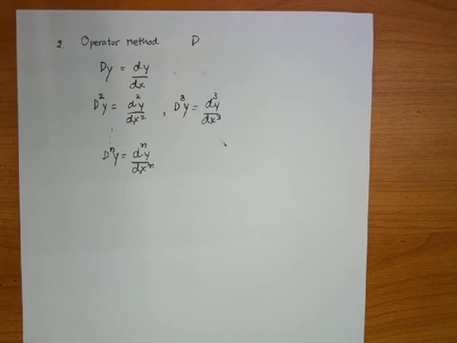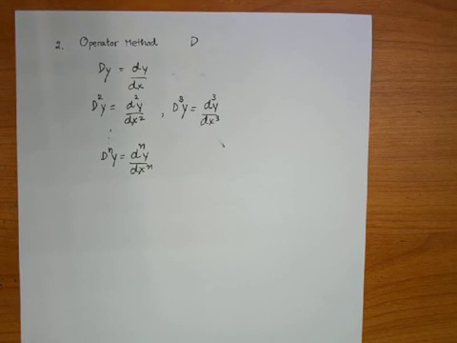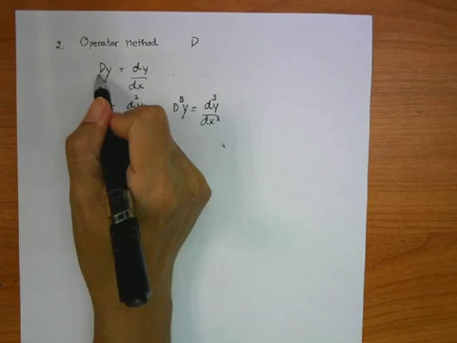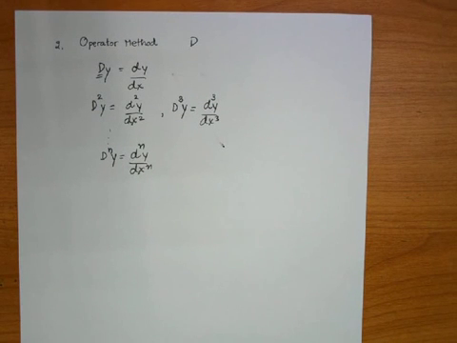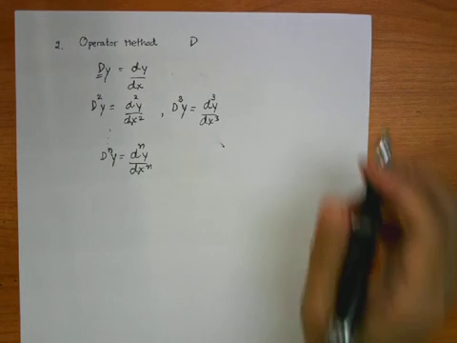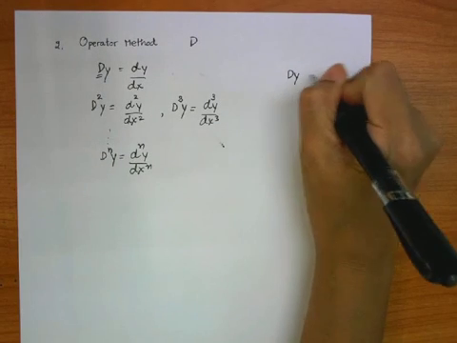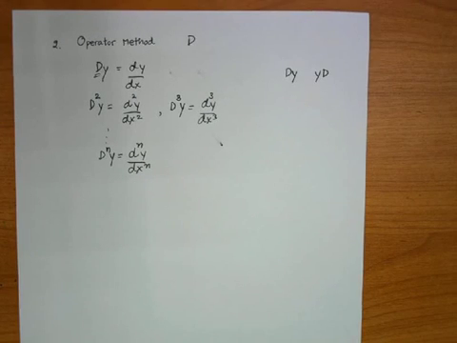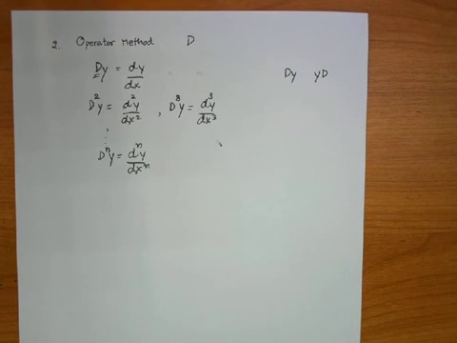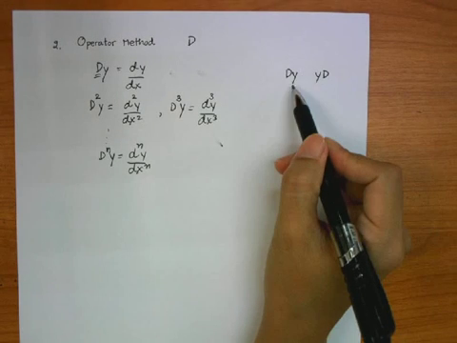Now, do you think the operator D has the commutative property? For example, Dy and yD. Is that the same? Is Dy equal to yD?